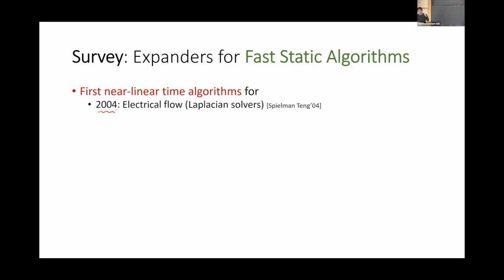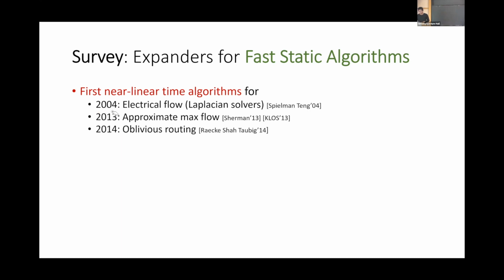And this is one of the most influential works in the area of fast graph algorithms. After that, it spawned a lot of new results, and many people followed that framework. After this work, people used it to get fast nearly linear time algorithms for approximate max flow and something called oblivious routing.